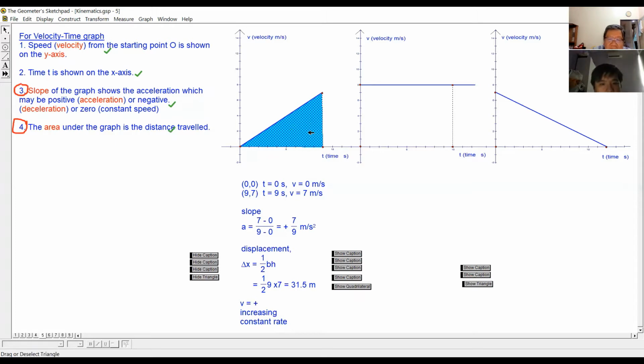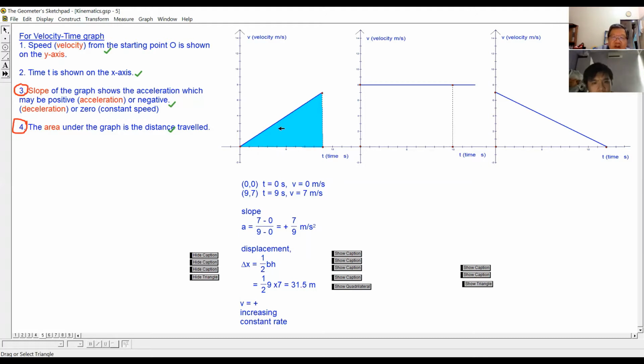This shaded area is how much distance is achieved by the object if it moves from 0, 0 to 9, 7.